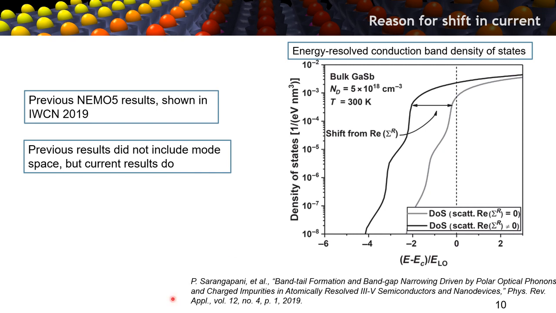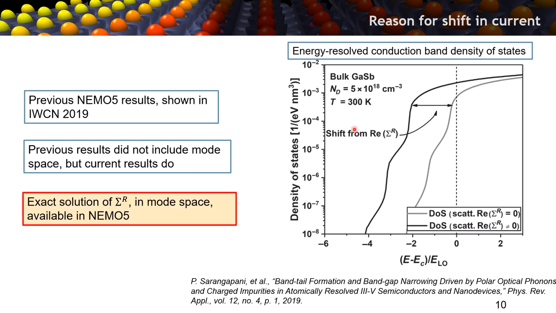Here we see the energy resolved conduction band density of states, and we see there is a shift in the density of states due to the inclusion of the real part of sigma r. This shift in resonant energies can cause some unpredictable changes in current and should therefore be accounted for.